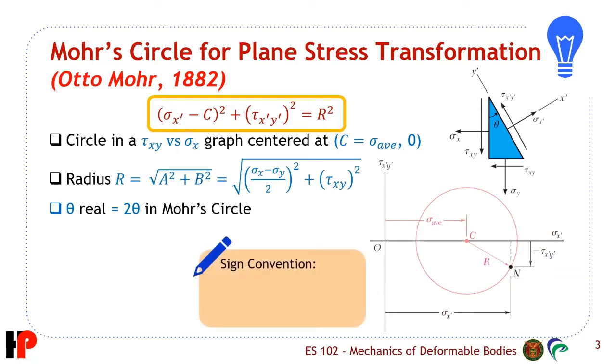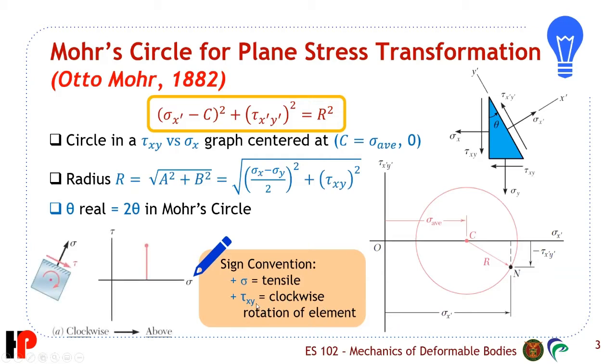Now, the sign convention is as follows. First, for sigma, it's tensile positive pa rin, so walang problema dyan. Tau is a bit more tricky. So, in some references, you will see sigma x prime to be like this, pero yung tau x prime is plotted positive downwards. Ang nangyayari doon, kapag positive downwards, baliktad lang. Counterclockwise yung positive rotation.